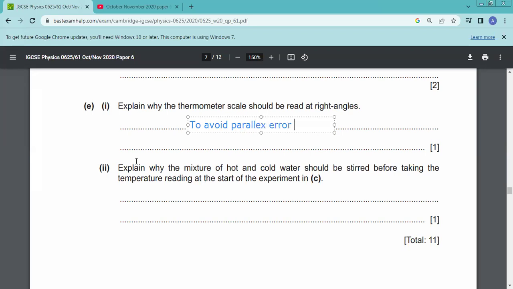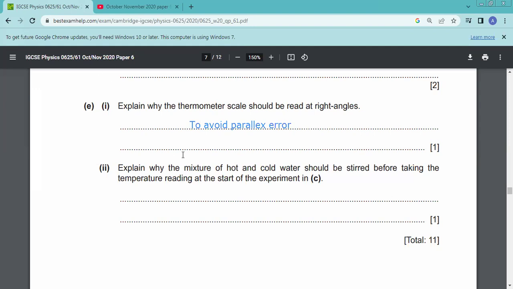This is the case. And next, they're asking us to explain why the hot and cold water should be stirred before taking the temperature reading at the start of the experiment. Stirred means mixed before taking the temperature, because if she takes the temperature before mixing, the water is not going to be mixed and an even temperature would not be obtained.